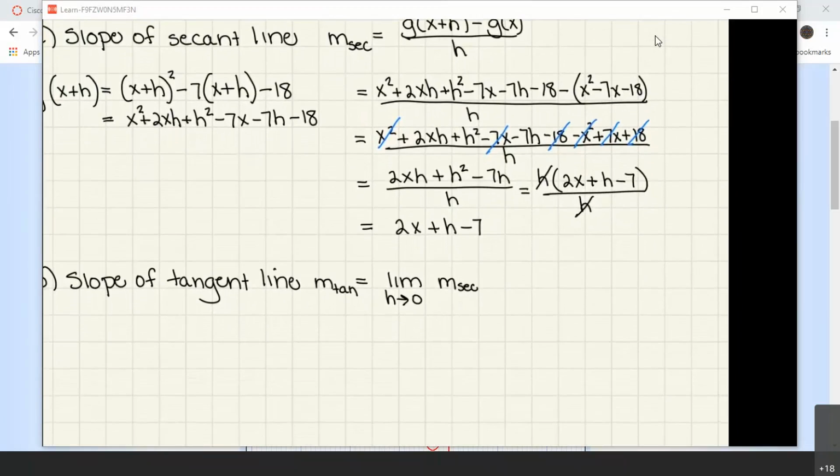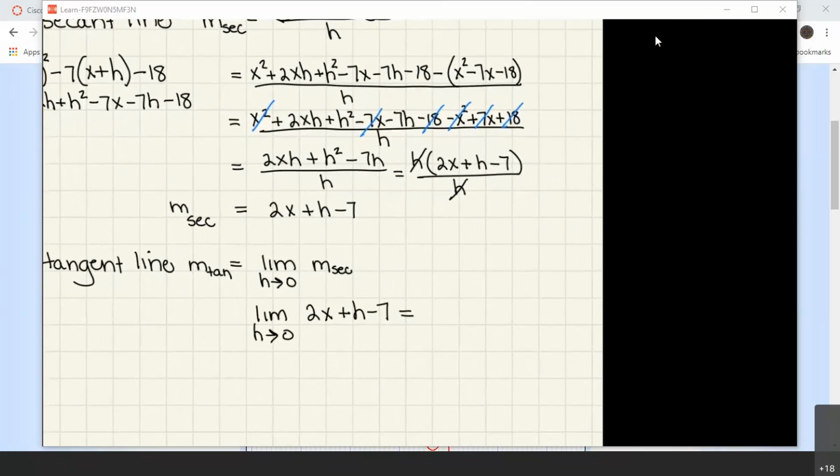We need to take the limit as h approaches 0 of the slope of the secant line. This is the slope of the secant line, so I want the limit as h approaches 0 of this. What do you think that value is going to be, folks? So what's the value?